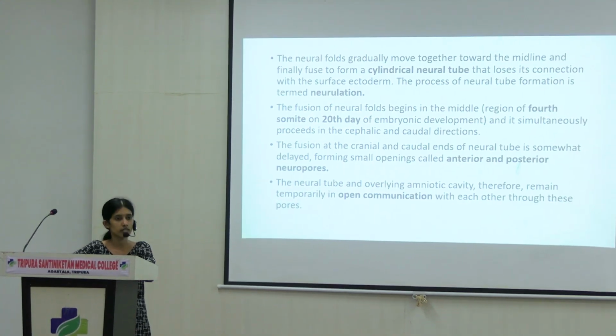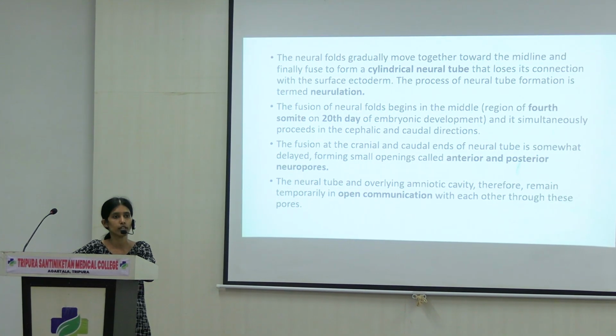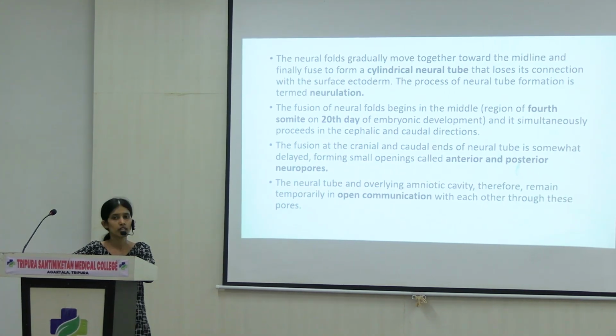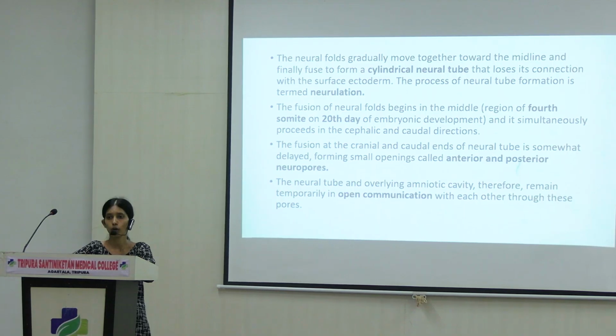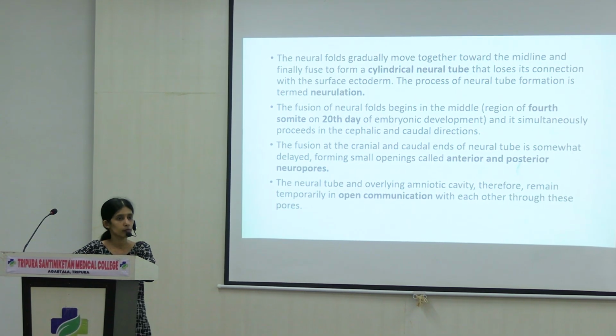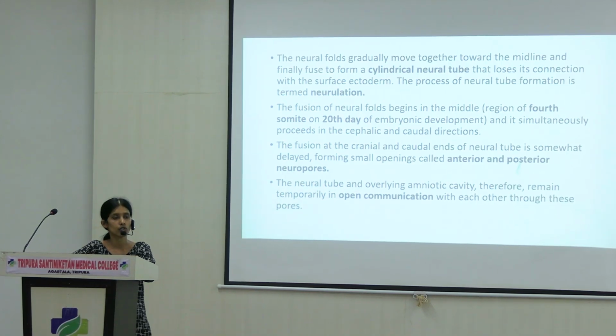Your neural crest cells will give rise to your peripheral nervous system. We can see the development of sensory ganglions and autonomic ganglions. The last one is ectodermal placodes. It will give rise to your hypophysis, that is the pituitary gland, and also to your ear and a few other structures.